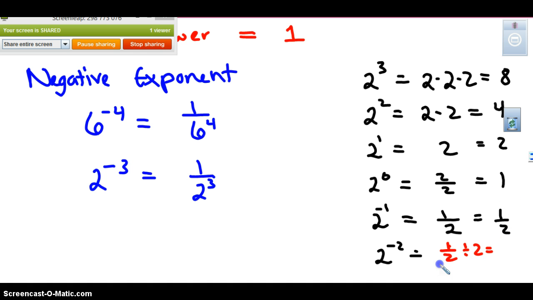Which equals what? 1/2 times 1/2, which is the same thing as 1 over 2 squared, or 1 over 4. Do you see how the pattern continues?